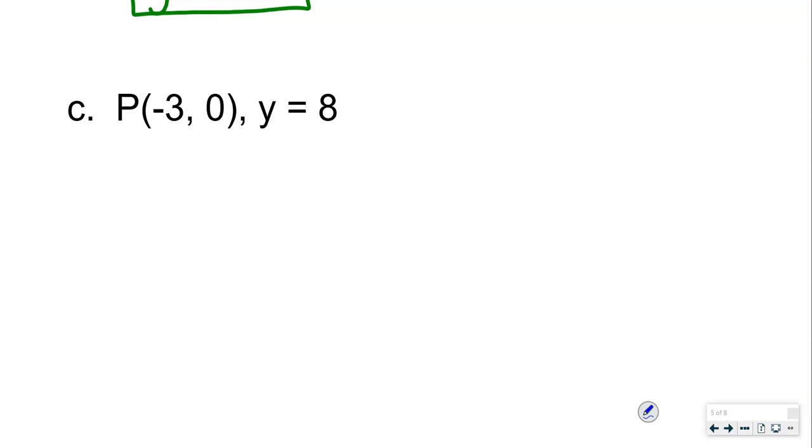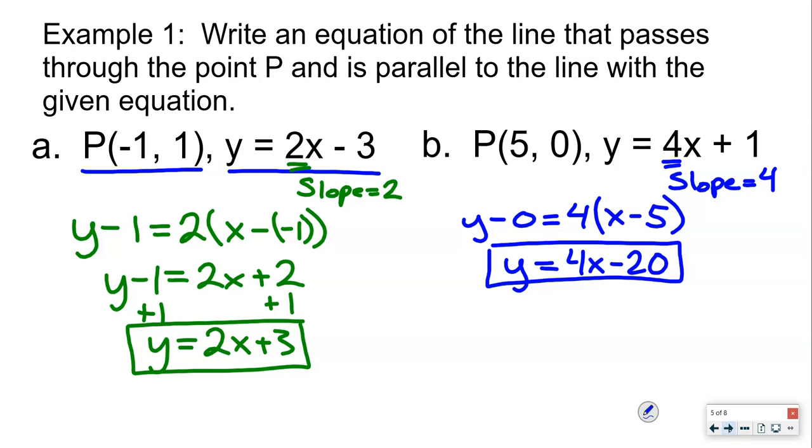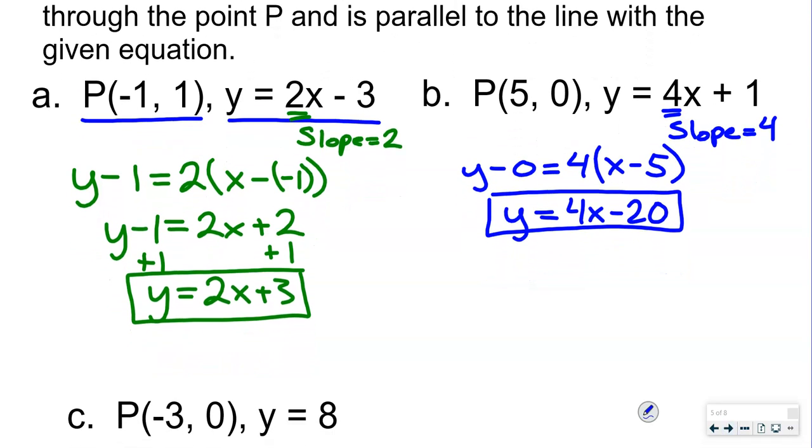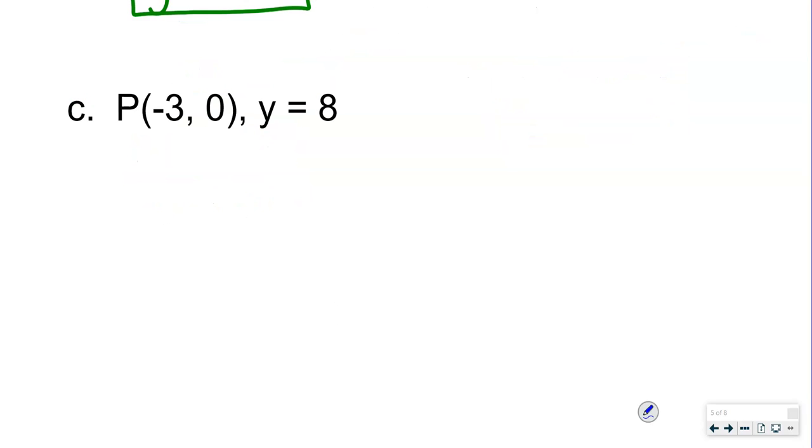Well, if we go back and look at our special types of lines, when y equals a number, it's a horizontal line, and m equals 0. So we have y equals 8, y equals a number, so it's going to be a slope of 0.